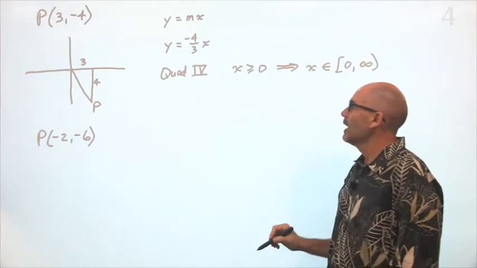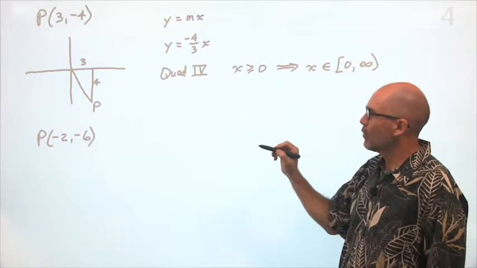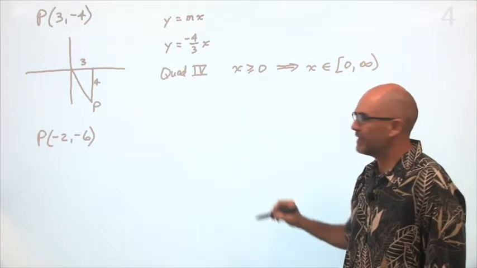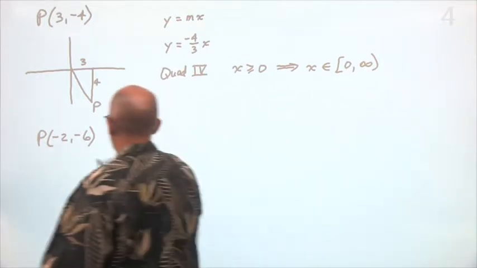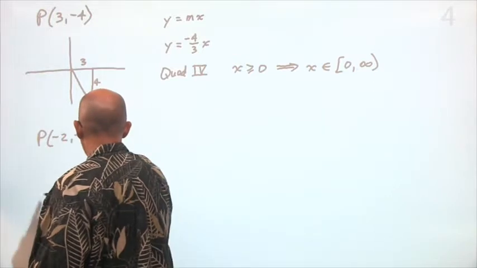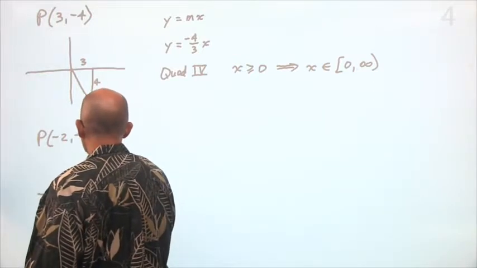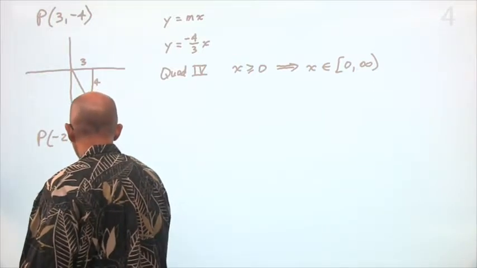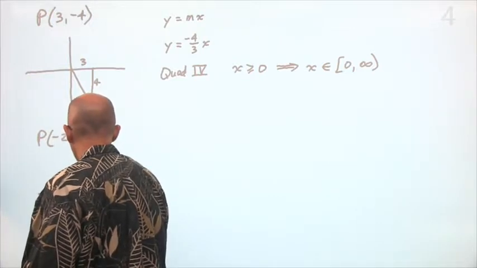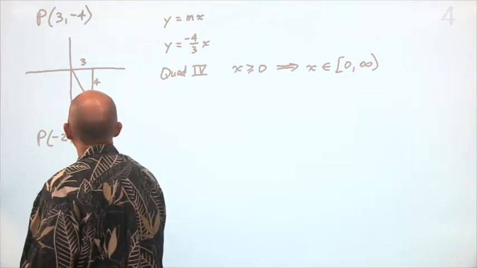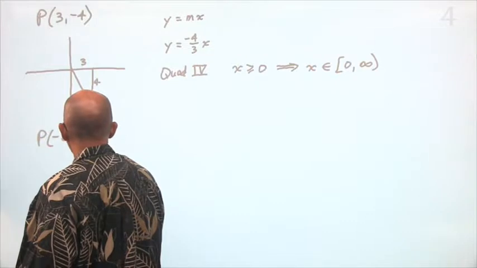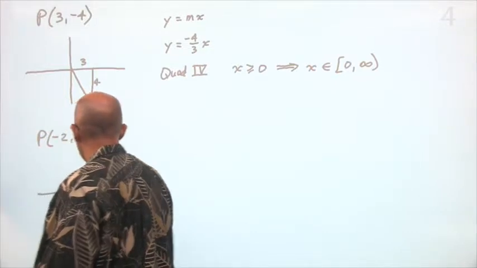Okay, now let's try the point -2, -6. That means I go left 2 and down 6. So we'll just make this, here's my -2, here's my -6.